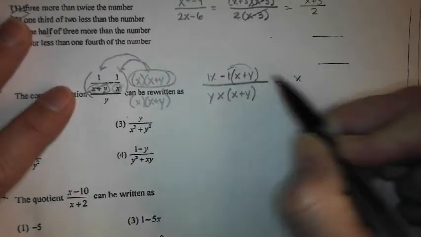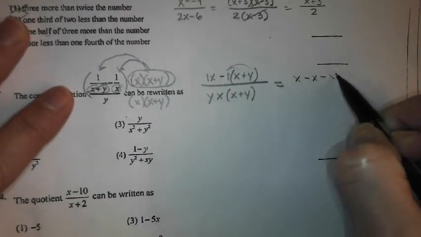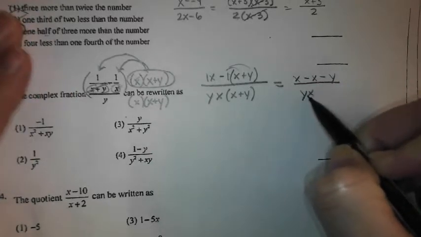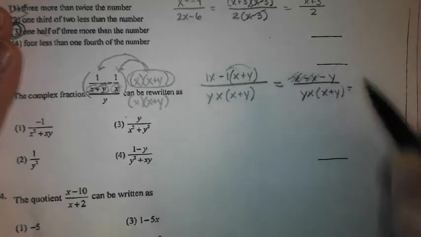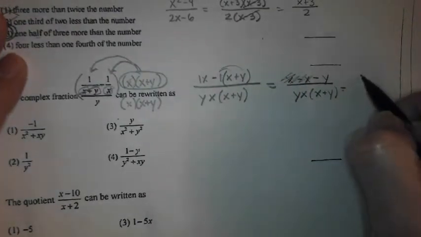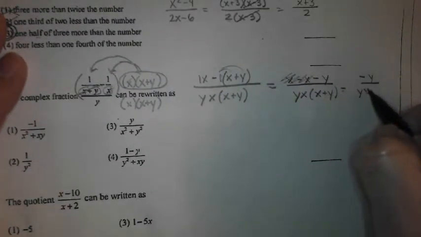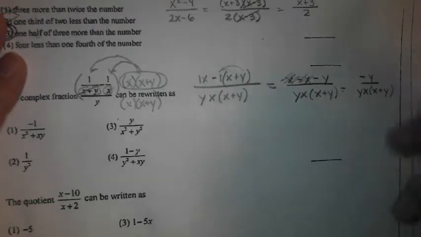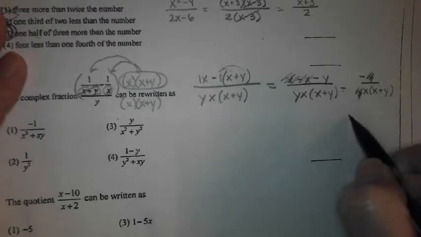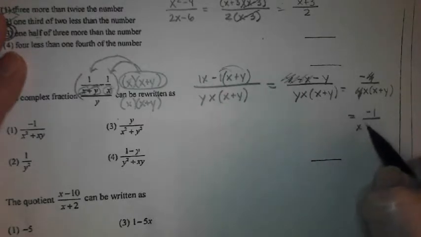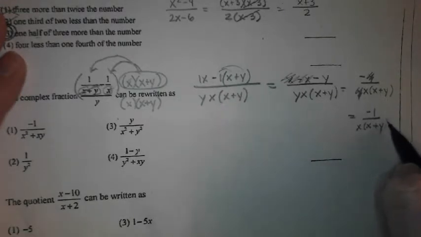So you've got x minus y all over y, x plus y. Your x minus your x will cancel. So you just have negative y over y, x plus y. And even then your y and your y cancel. So it's just negative 1 over x plus y.